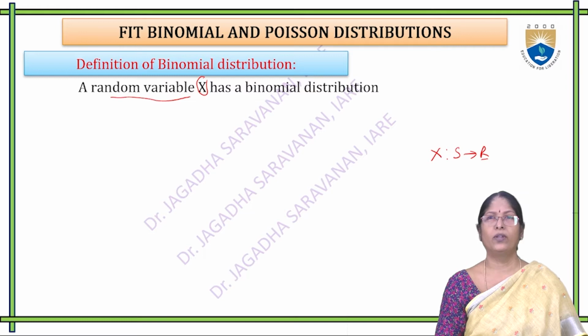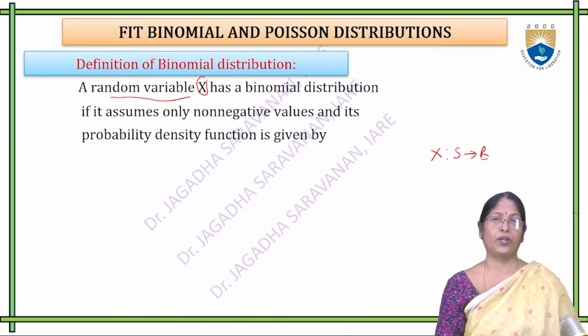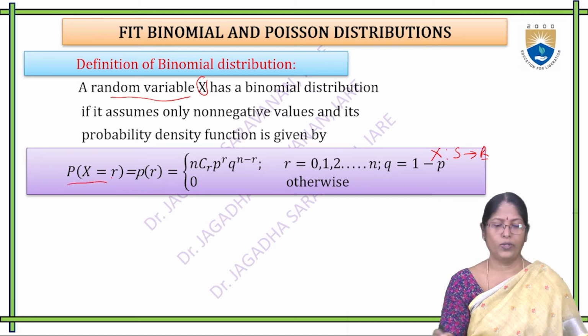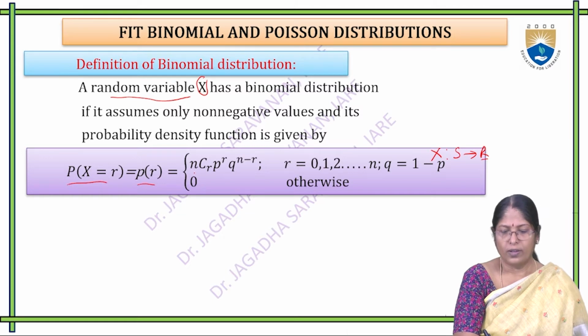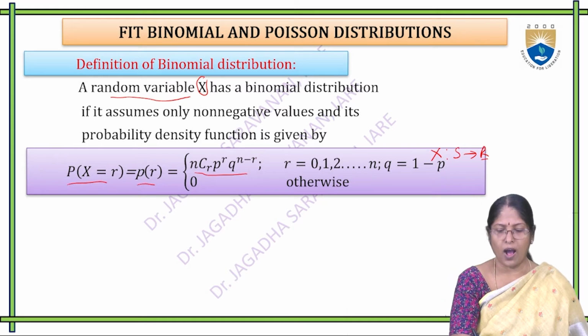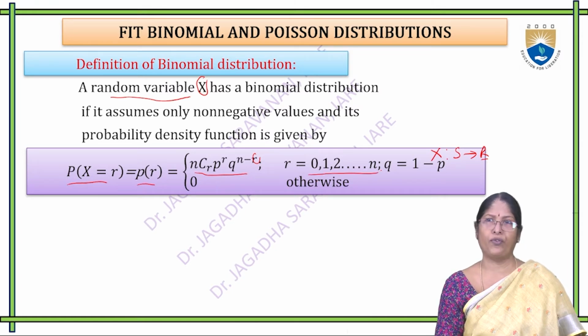The outcome, whether the possibility or the condition is satisfied, will be either success or failure, true or false, or yes or no. If it assumes only non-negative values, its probability density function is given by P of capital X equal to R, which is nothing but P of R, equal to NCR, P power R, Q power N minus R. This R takes a value from 0 to N, so we are able to count finite.